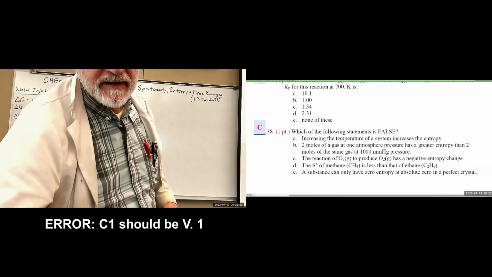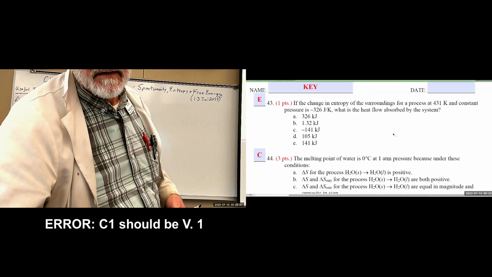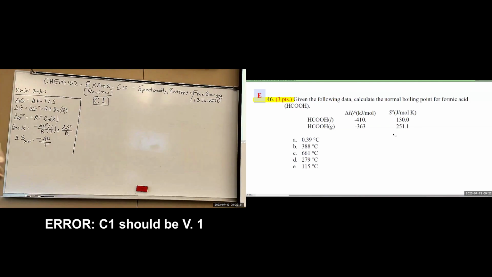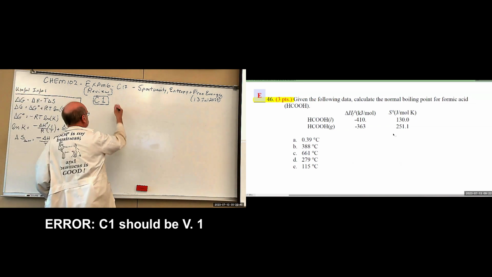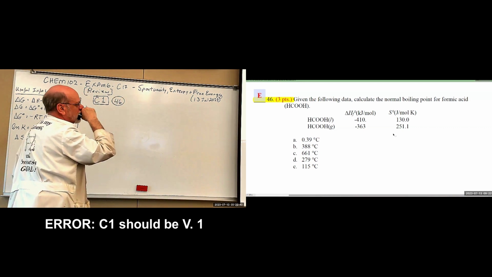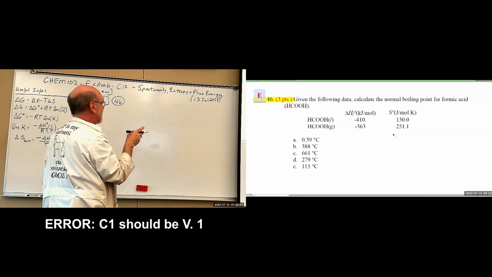All right, let's see. Keep going. Here we go. 46. We want to calculate the normal boiling point for formic acid.